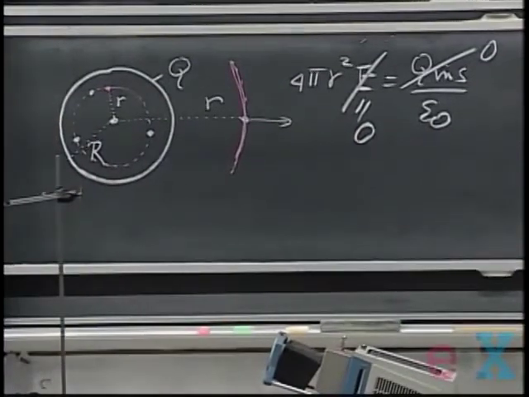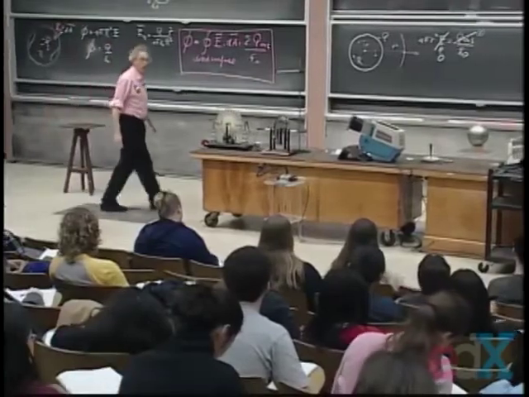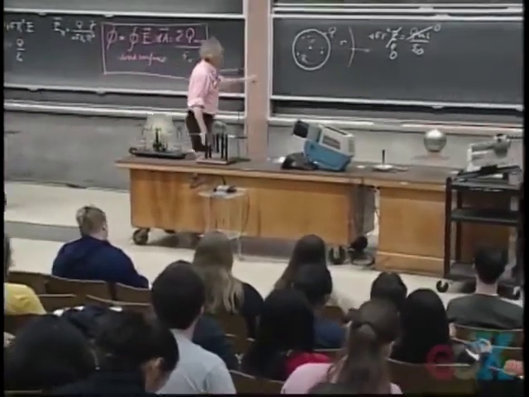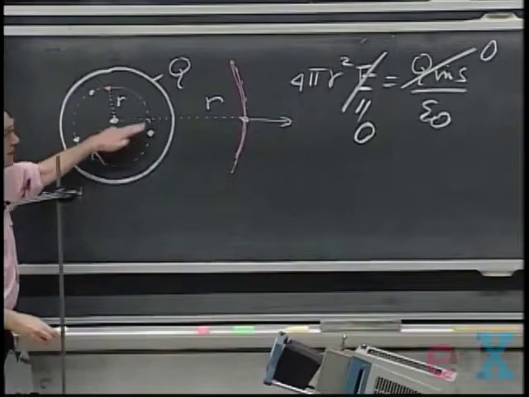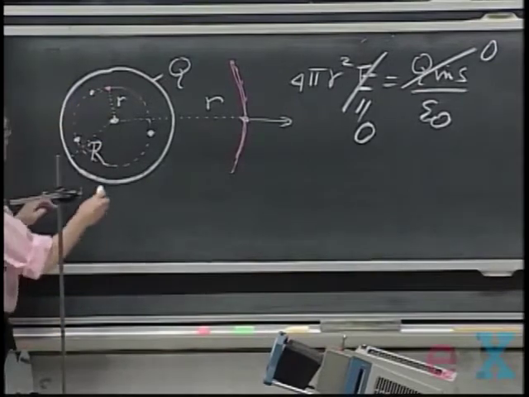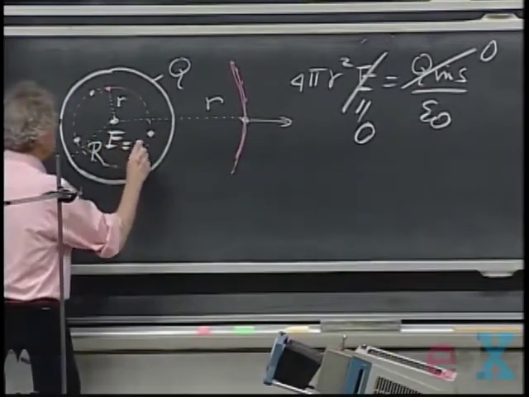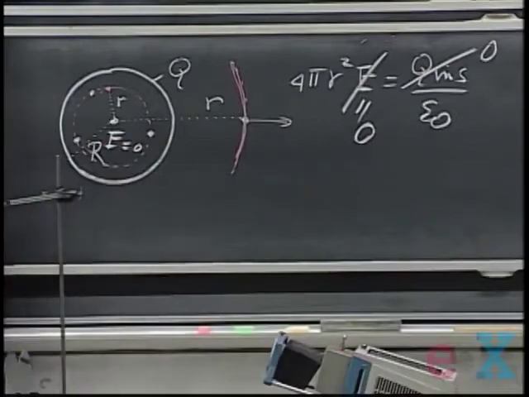That's an amazing result. You say, well, there's no charge inside. Still an amazing result, because it means that anywhere inside here, no matter what radius you choose, the electric field equals exactly 0.